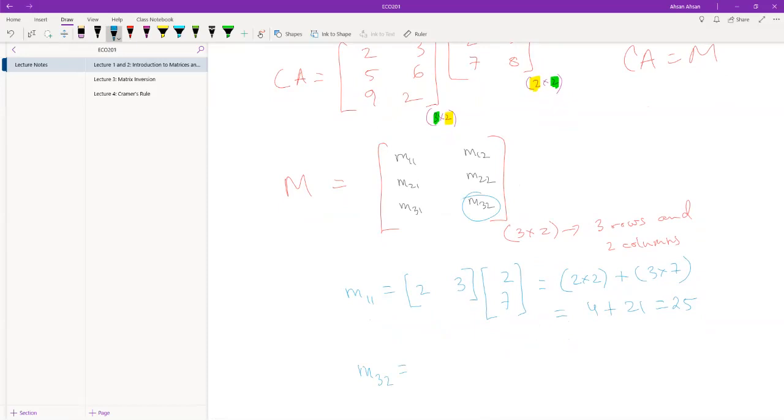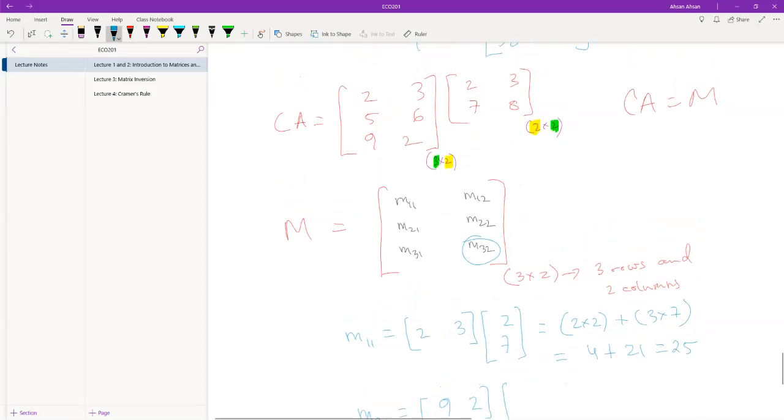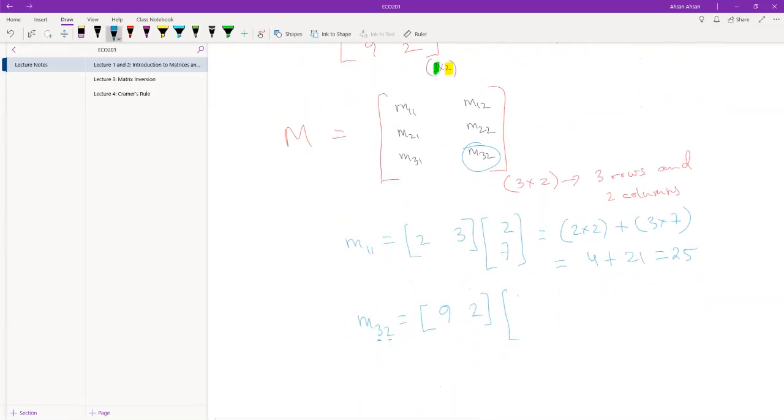So that means the third row of the first matrix, 9, 2, and the second column of the second matrix, that is 3, 8. So that gives us 9 times 3 plus 2 times 8. So that gives us 27 plus 16 is 43. So I've done M11 and M32.